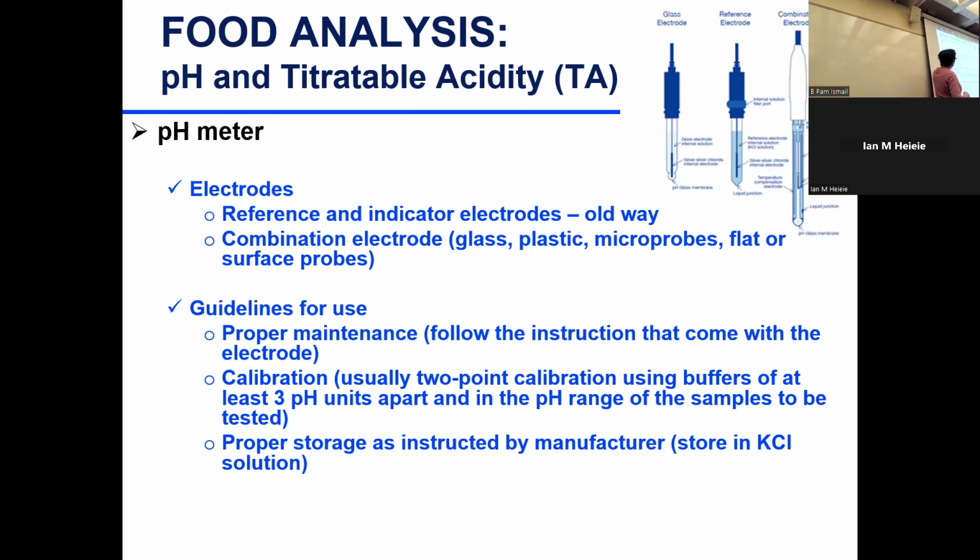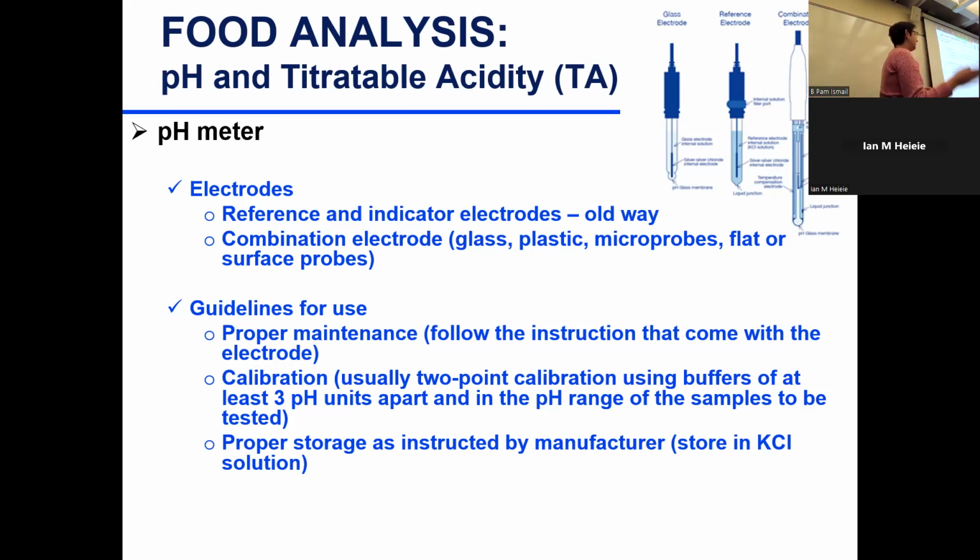One thing you want to know and you learn in the lab is that you have to calibrate. And we always calibrate using pH buffers that are 3 units apart. So we use pH 4, pH 7, and pH 10. These are very common 3 points that we use, but you're going to do 2-point calibration in the lab.